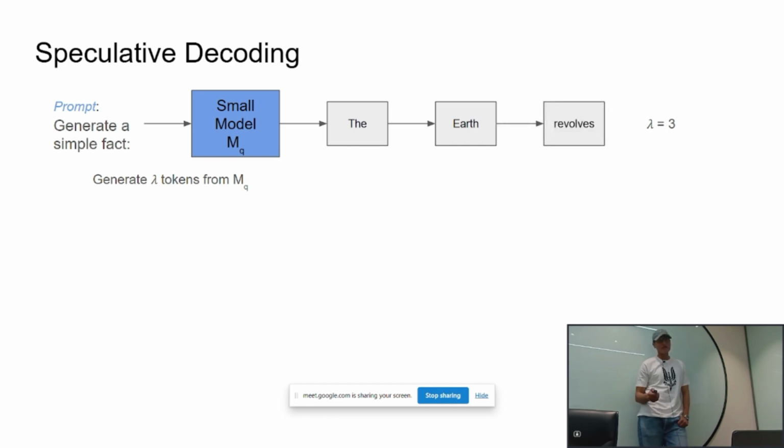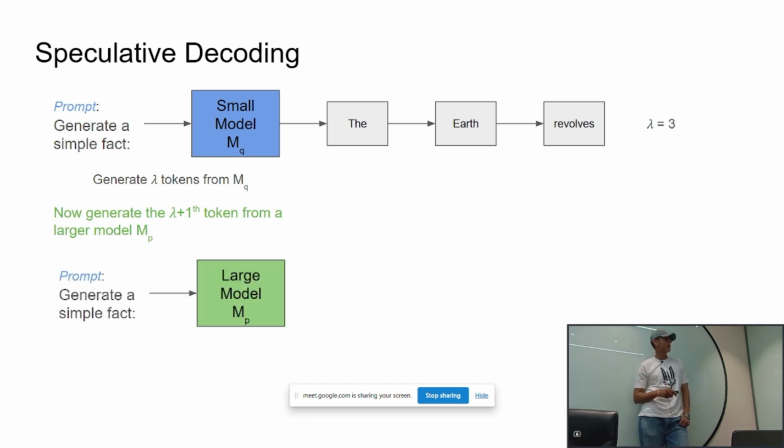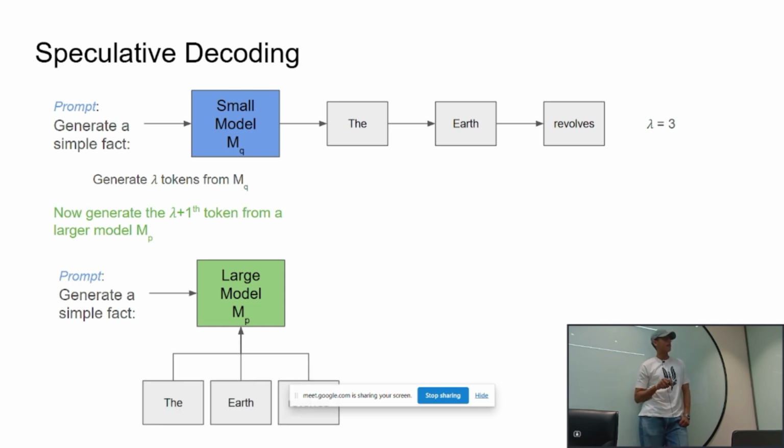It generated these 3 tokens autoregressively. Now we have lambda number of tokens. Now what I will do is generate a lambda plus first token. How I will generate this is that I will take the same prompt, I will take a larger model, and I will take these outputs of the smaller model as the input of the larger model.